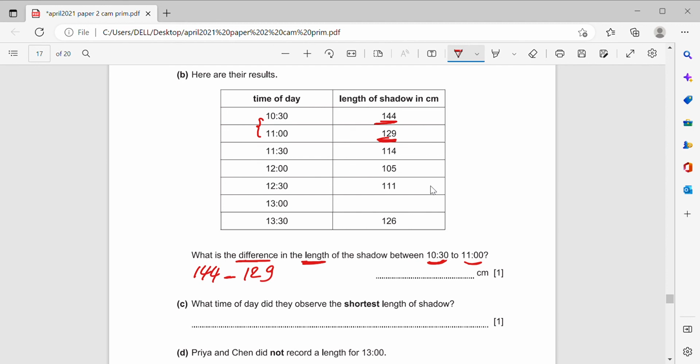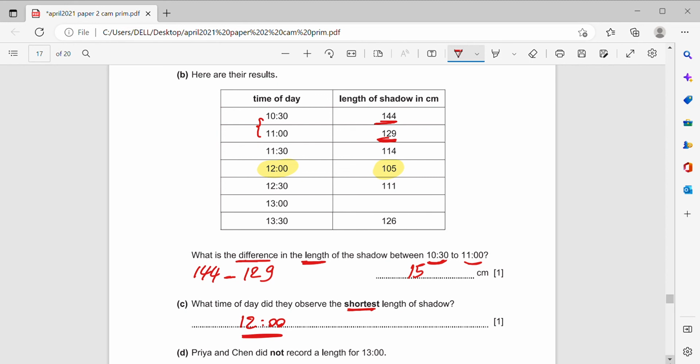The value is 15 centimeters. What time of day did they observe the shortest length of shadow? The shortest value is 105 at 12 o'clock. So the time is 12, and if you write midday, it will also be correct.